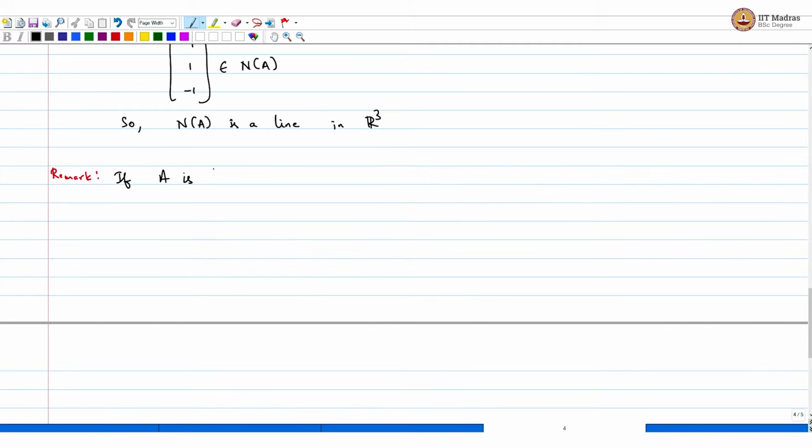Just a quick remark. If A is invertible, then the null space of A has only 0, and also the column space of A is the whole space.